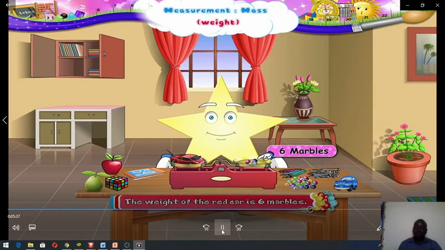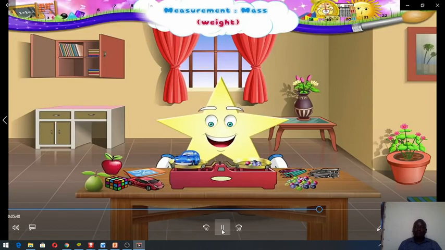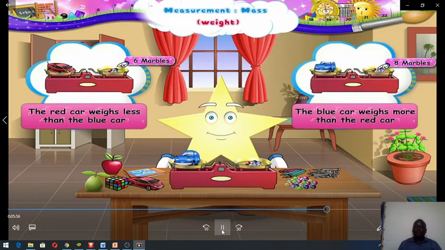So the weight of the red car is 6 marbles. Similarly, we find that the weight of the blue car is 8 marbles. What do you understand from this, Starry? Yes, the red car weighs less than the blue car, or the blue car weighs more than the red car?